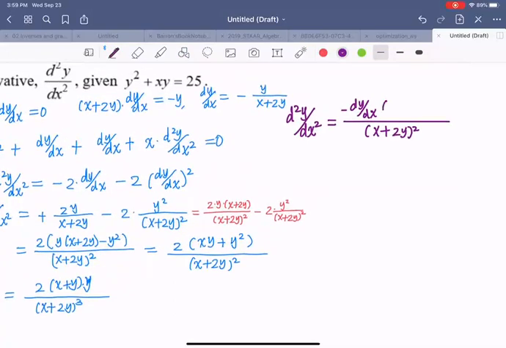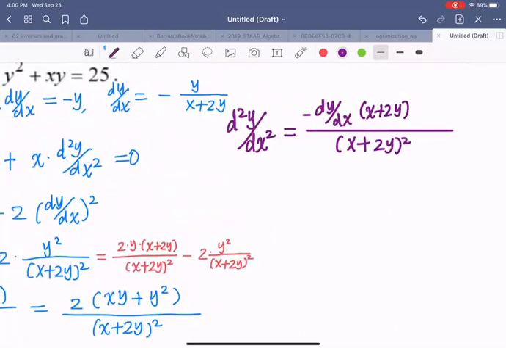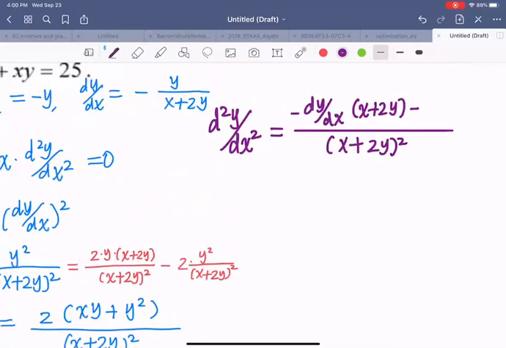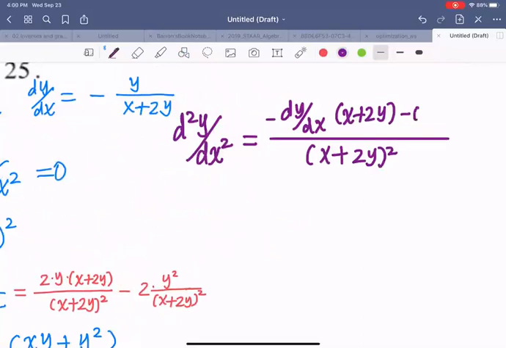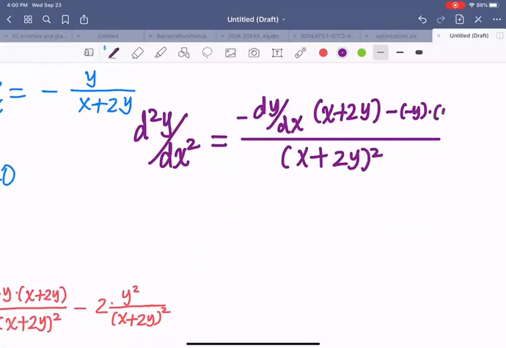Times 2x plus 2y. And then minus the top one times the bottom one derivative. That's 1 plus 2 times dy over dx. Okay? Okay. Yeah, based on this, you can also find the same answer. You can go ahead and find it, okay?